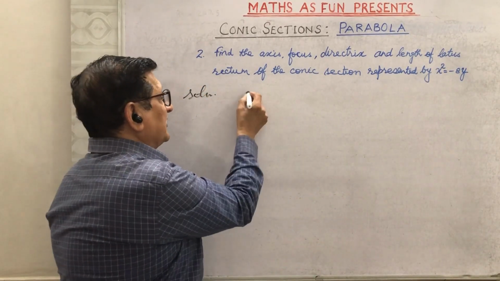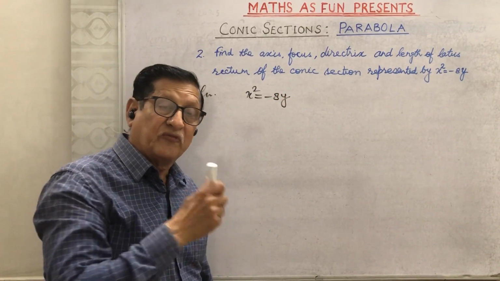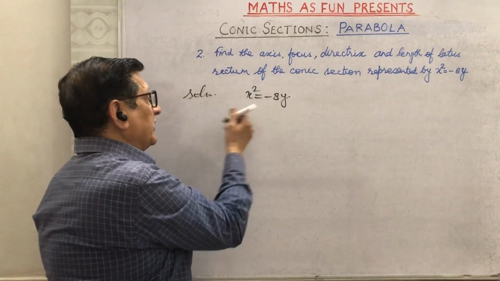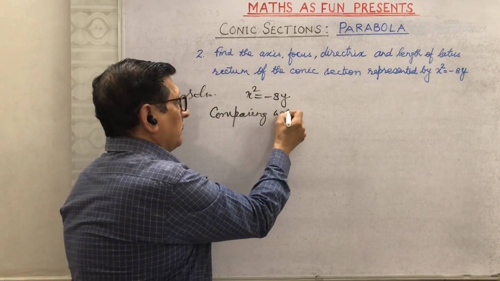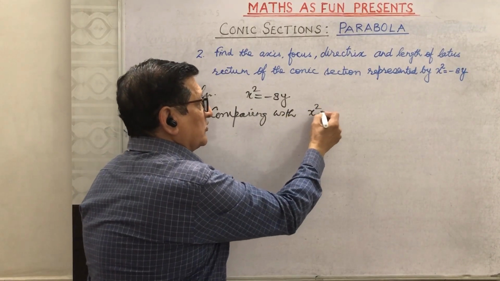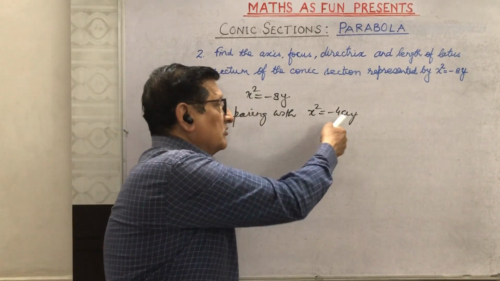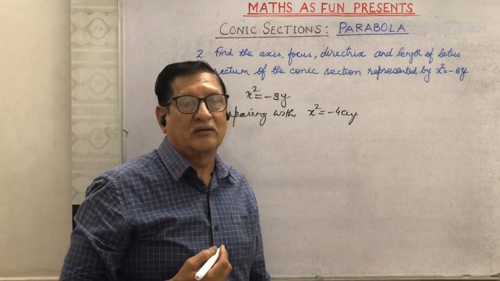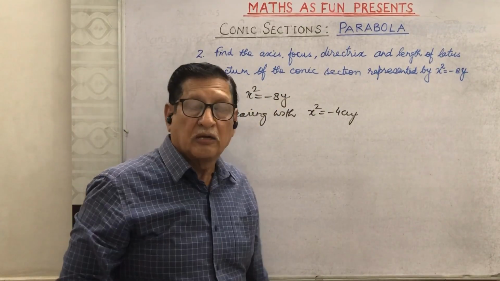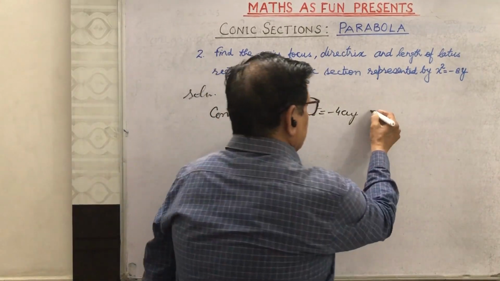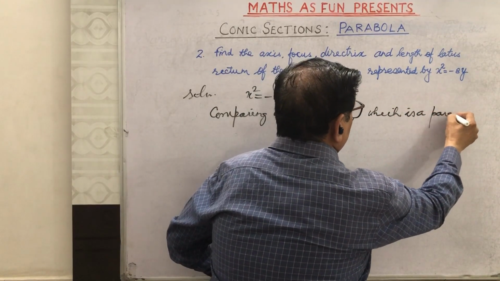Here the equation given is x square is equal to minus 8y, and if we see, we can compare it with x square is equal to minus 4ay, which is the equation of a parabola. So we find that this is also representing a parabola.